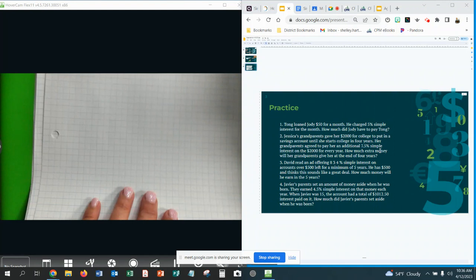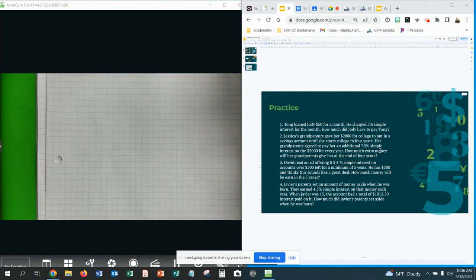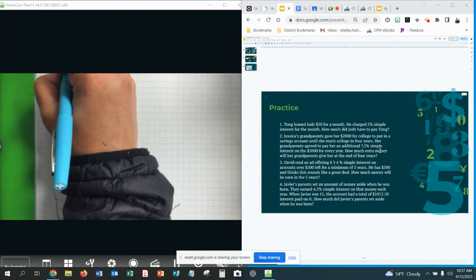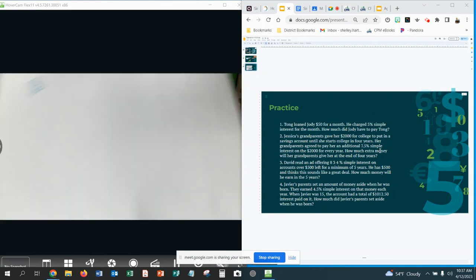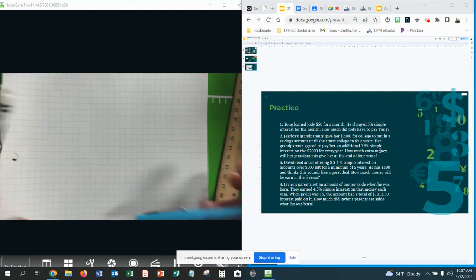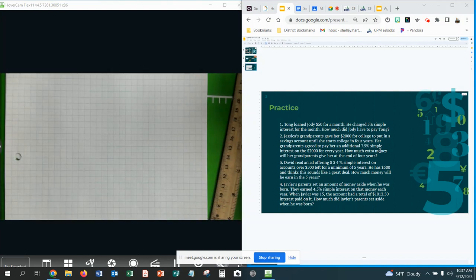David read an ad offering 8.34 simple interest on the account over $500 for 5 years. He thinks that sounds like a great deal. How much money will he earn in 5 years? So obviously, we now know that when it says simple, it's an earthquake drill. Everybody get underneath your desks.